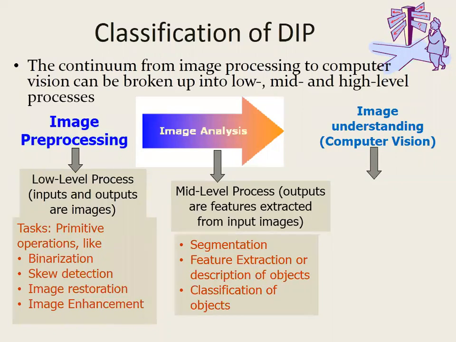But before extracting the features, we have to first of all segment the image into its constituent parts. Maybe there is only one picture within the image, but that one picture should be identified from the background, because in any image there are at least a background and a foreground.